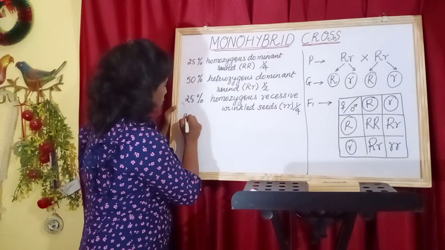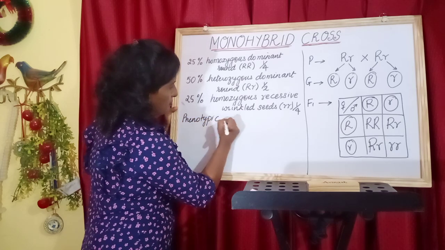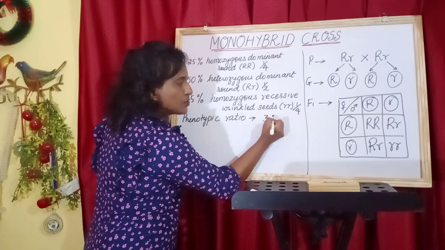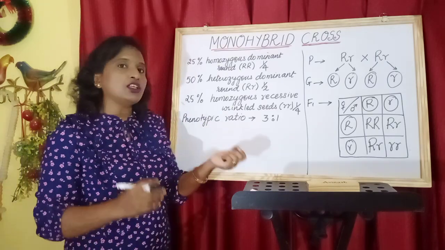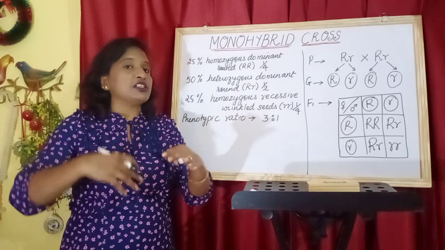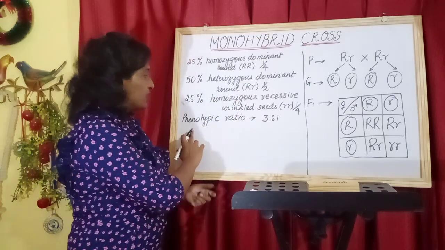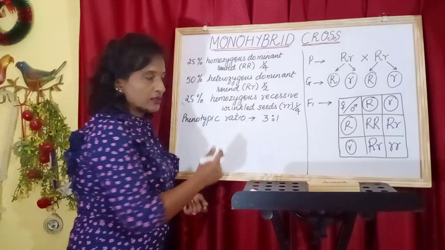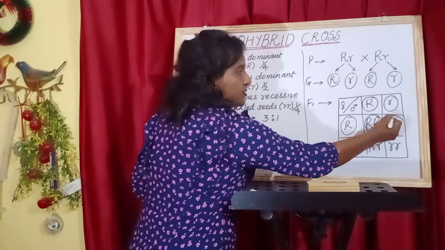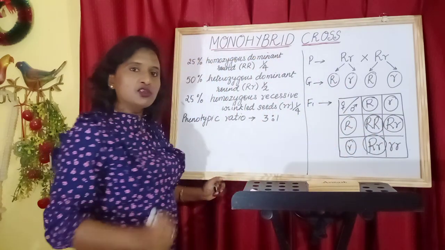So the phenotypic ratio will be 3:1. Now what do we mean by phenotypic ratio? Those are the observable characteristics, morphologically, which we can observe in any particular species or individual. So the phenotypic ratio is 3:1. How? This one is round, this particular offspring is also round, and this is also round.